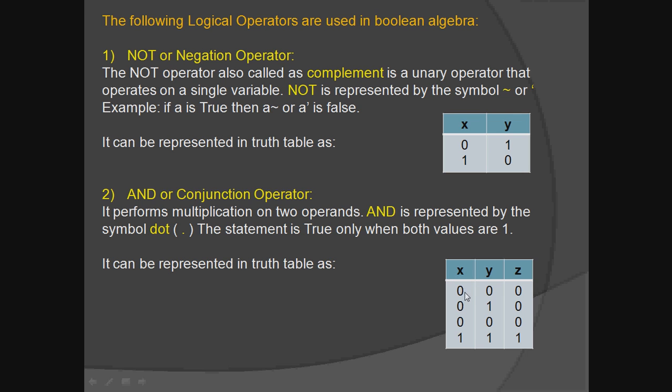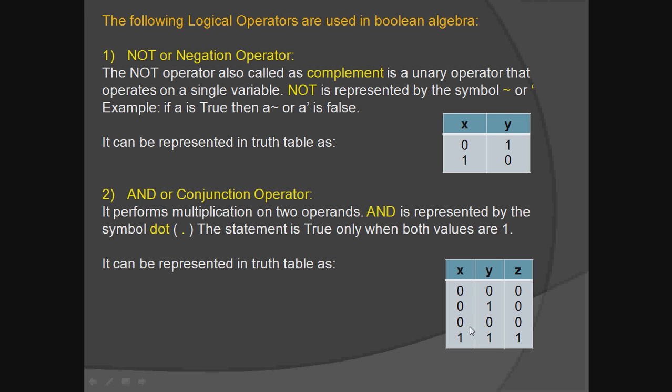When the values stored in the operands are both 0, like 0 dot 0 or 0 into 0, then the outcome will be 0. And when one of them is true and the other one is false, then also it will be 0. It will be true only if both are 1. Then when both are 1, the outcome will be true.